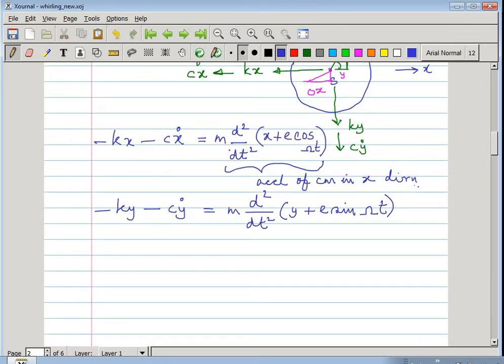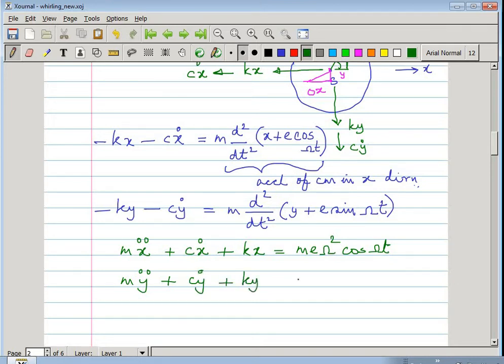Now if you take the derivatives and arrange the terms, then you get m x double dot plus c x dot plus k x is equal to m e omega square cos omega t, and the other equation is m y double dot plus c y dot plus k y is equal to m e omega square sin omega t.